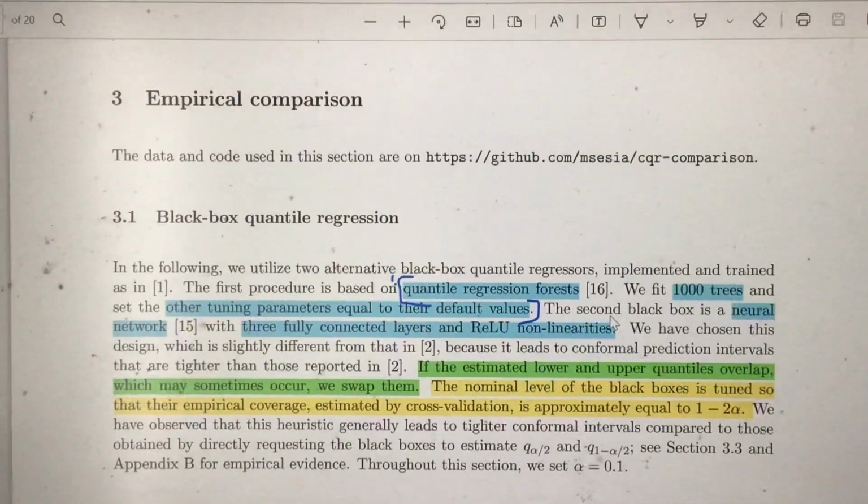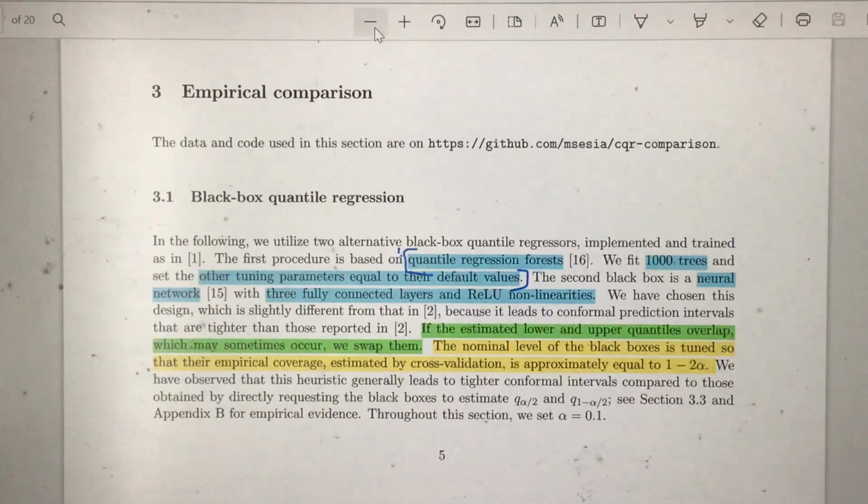For both the simulation and the real data, they use two settings.